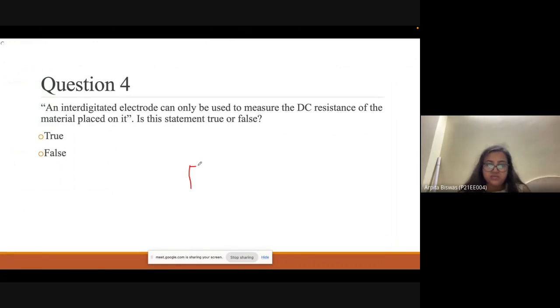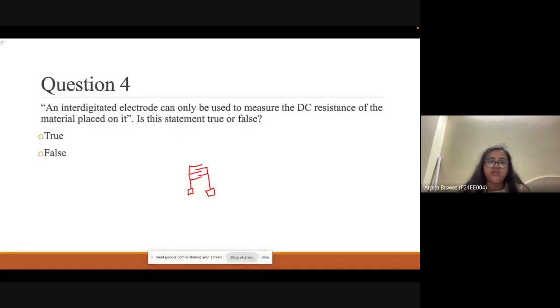You can see here, this is an electrode finger, and in between is another electrode finger, and this is the electrode pad. So this type of structure is called interdigitated. Like this, there is a finger-type structure, and this is the electrode pad.